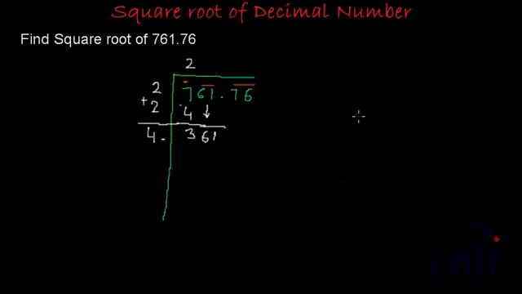So let's assume the next digit as 7, or let's skip 7, let's assume it as 8. So 48 multiplied by 8 is 8 8s are 64, 6 carried forward, 8 4s are 32, plus 6 is 38, right? So we get 384, which is bigger than 361. So I think 7 will be the perfect choice.